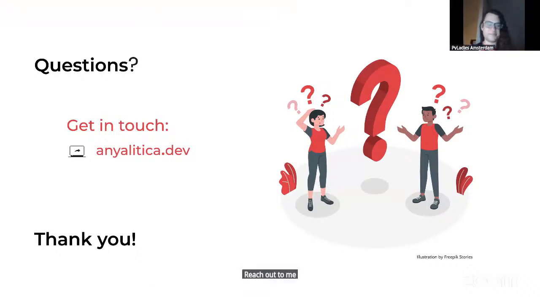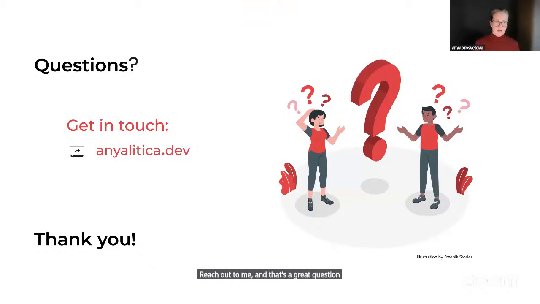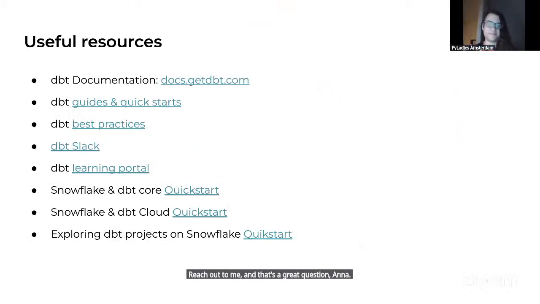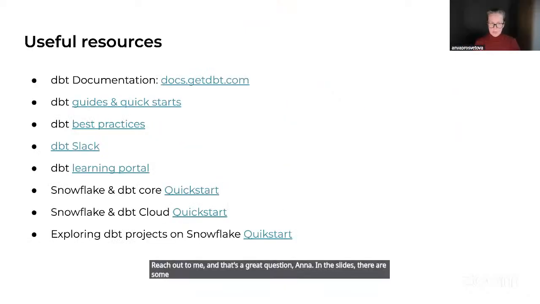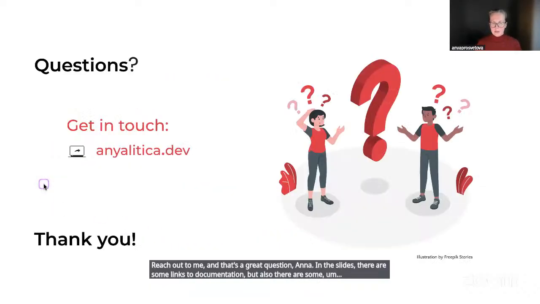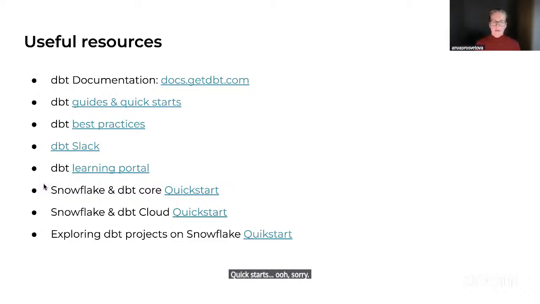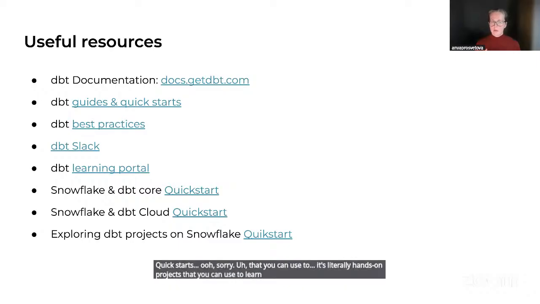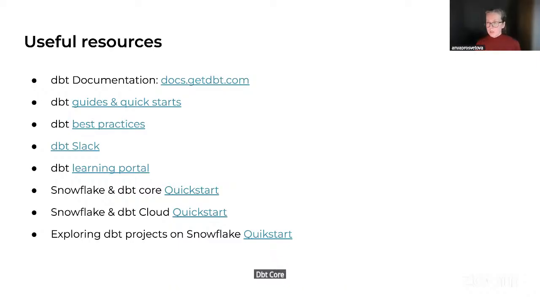And that's a great question, Anna. In the slides, there are some links to documentation, but also some quick starts that are literally hands-on projects you can use to learn about DBT Core, but also DBT Cloud, so you can see the difference.